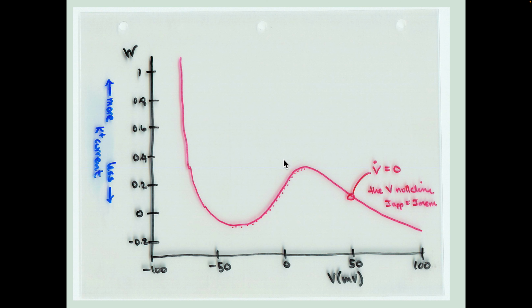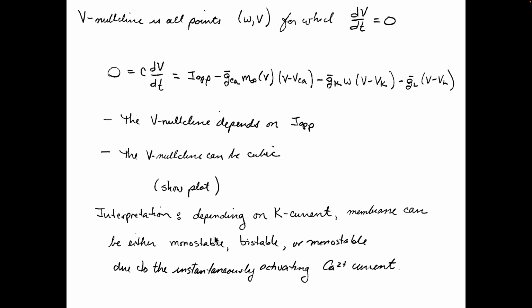Here is a numerically plotted graph for particular parameters of the Morris-Lecar model. These are the locations in the plane where the rate of change of the voltage is 0, the voltage nullcline. The interpretation here is that depending on the activation state of the potassium current, the membrane can be either monostable, bistable, or monostable again due to the instantaneously activating calcium current.